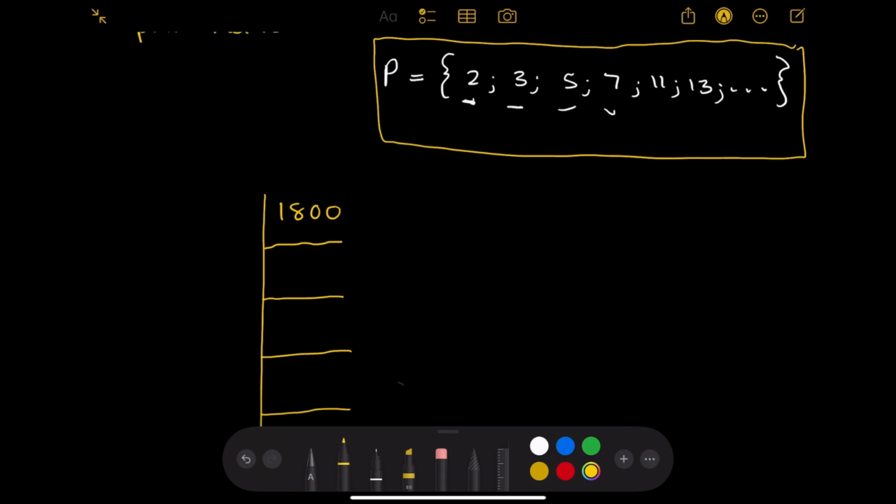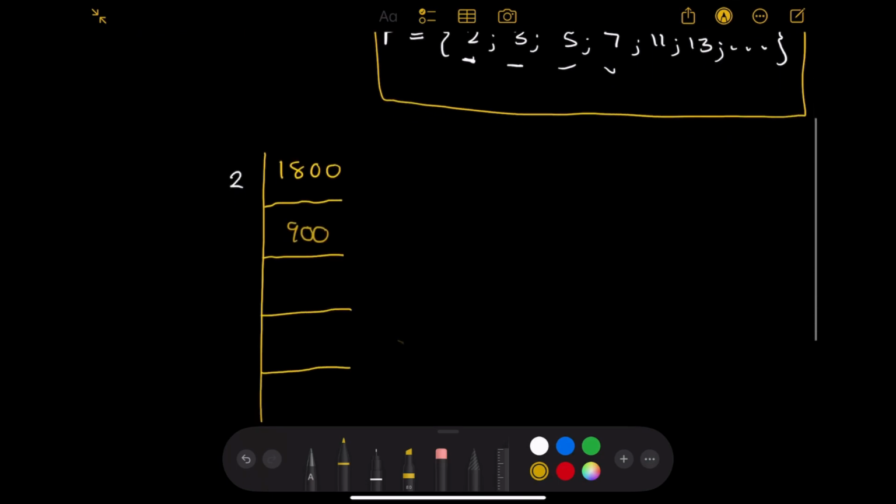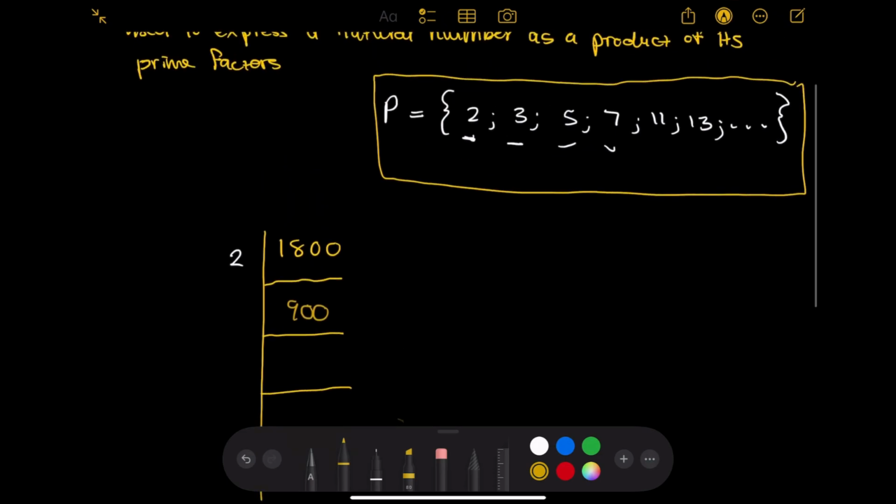That answer is yes. Then what's 1,800 divided by 2? It's 900. Then for the number 900, what is the smallest prime factor that it is divisible by without a remainder? That's once again still 2.